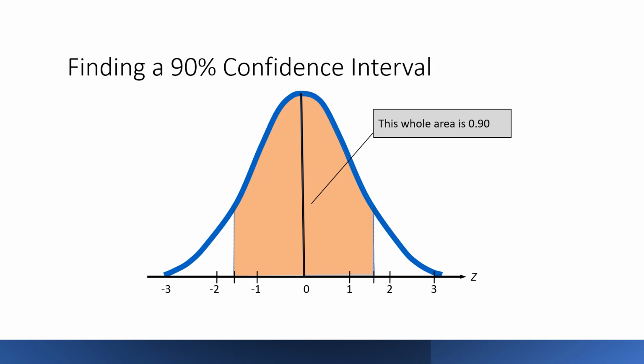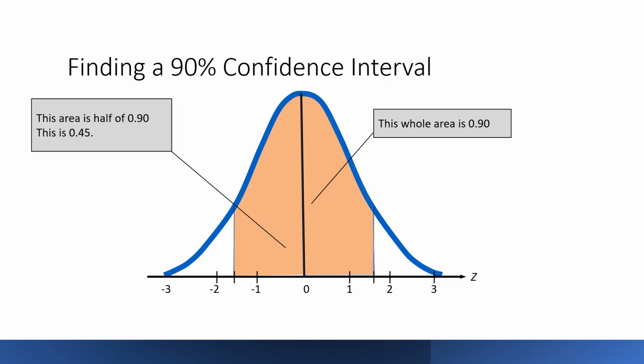But if it starts at 0, you're going to be looking for the value 0.45. Okay, so half of the graph is going to be 0.45, and the two halves combined together are going to represent 0.90.